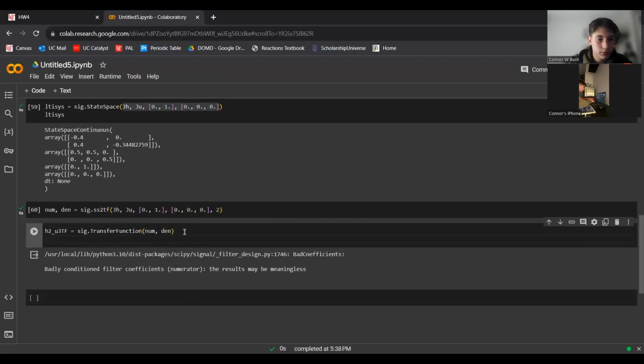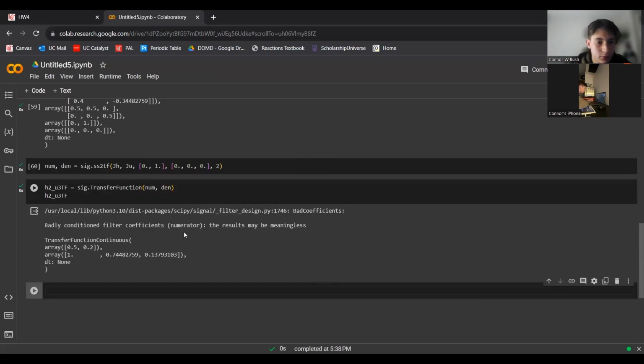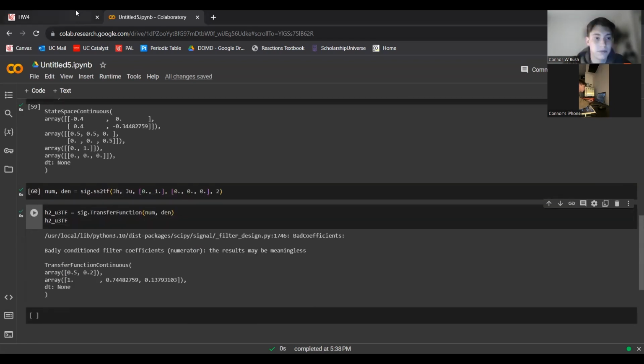So if we want to see what this looks like, this is the numerator, this is the denominator of the transfer function in the Laplace domain. So the numerator essentially is 0.5s plus 0.2, and then the denominator is s squared plus 0.74s plus 0.14. So that is our transfer function that we receive.